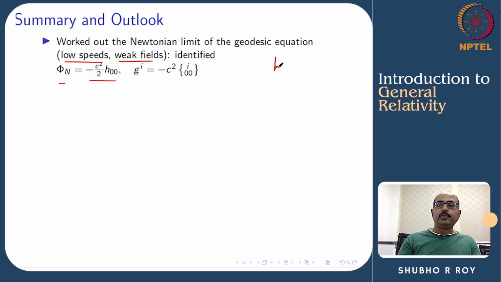Remember, h is defined to be g minus eta, the metric minus the Minkowski metric. So the Newtonian scalar potential gets identified with h00, and the acceleration due to gravity g, or gravitational field intensity, is measured by this component of the Christoffel symbols, Gamma^i_00.